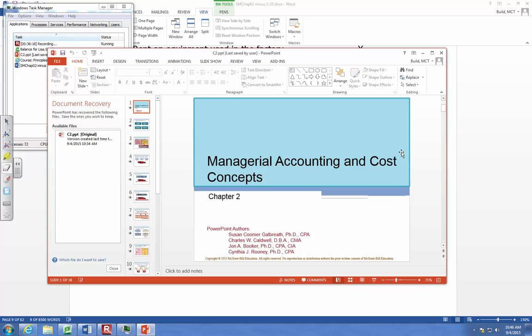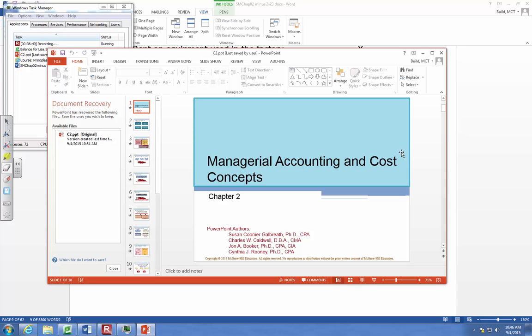Mixed costs are going to look like this. What's different between the mixed cost and the variable cost line?